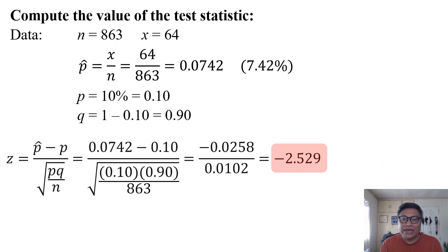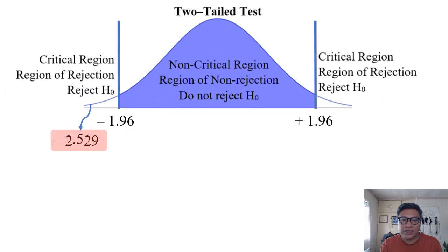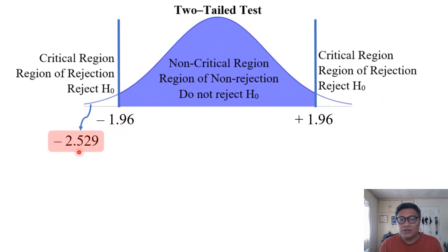So we can choose the critical value because we are given 5%. Then we have to use positive and negative 1.96 as our critical values. Then we locate where our z falls. So our z-value, class, is negative 2.529.